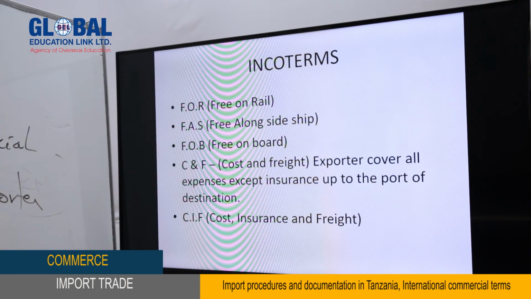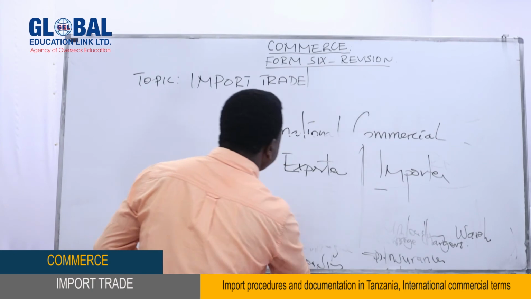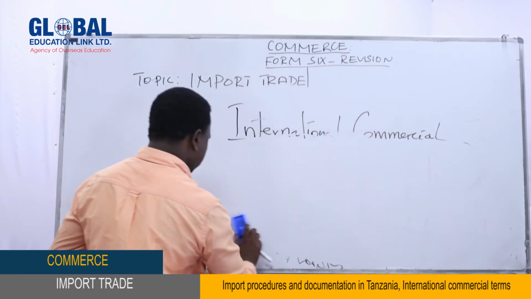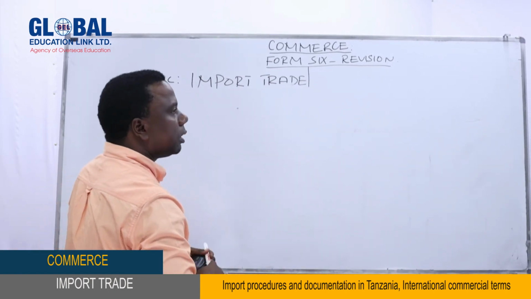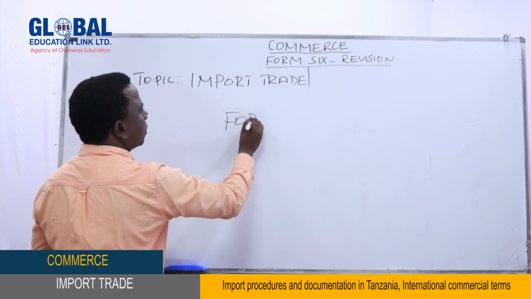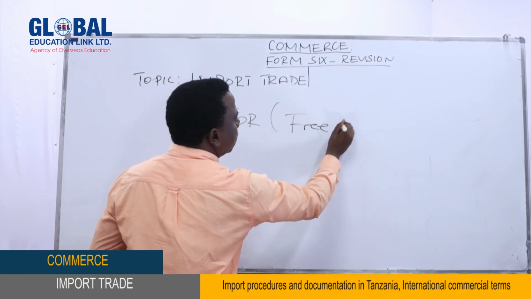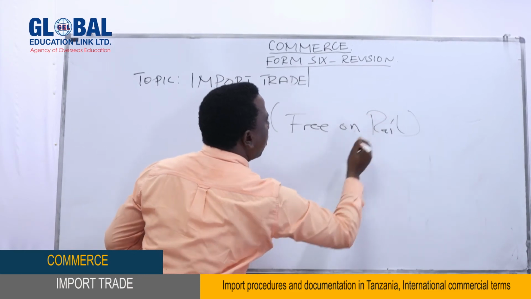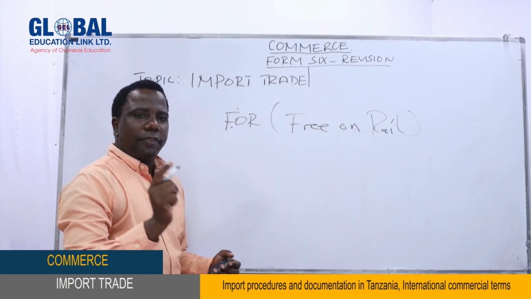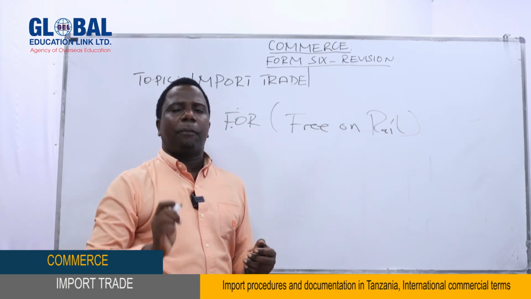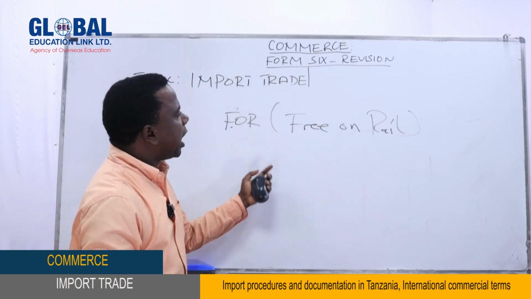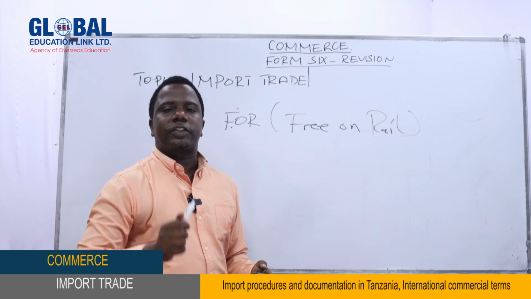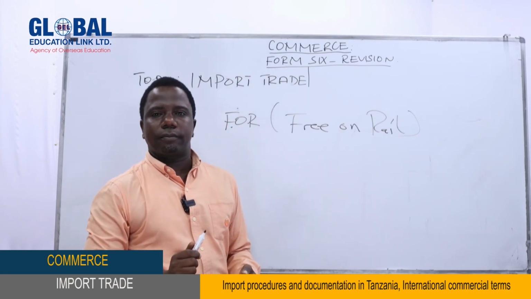So number one is FOR, or free on railway. Now what does it mean? This means that the price you are paying as an importer will cover all the costs up to the point where goods reach the railway station in the exporting country.